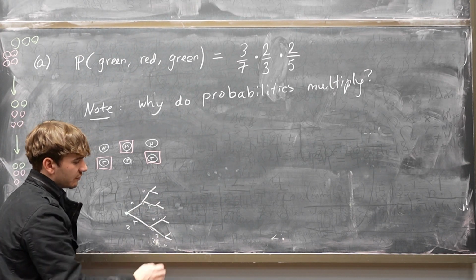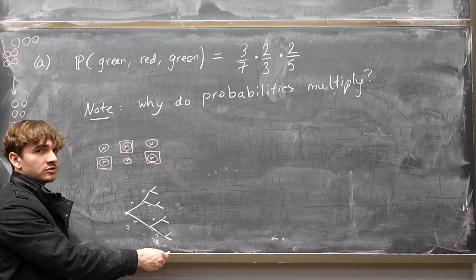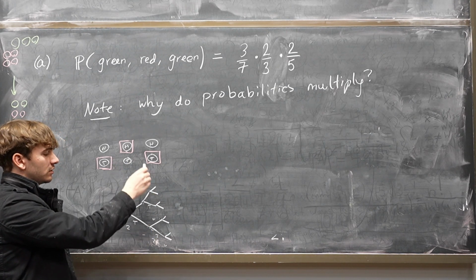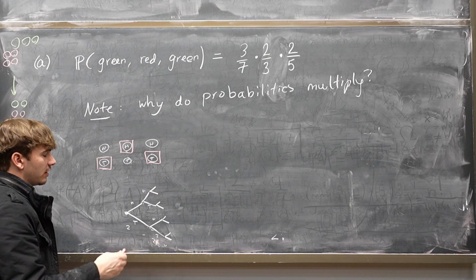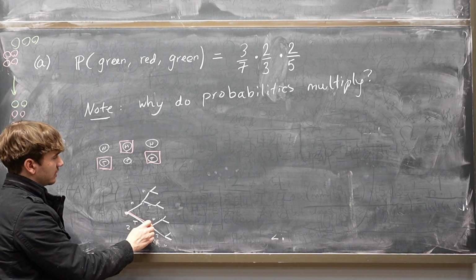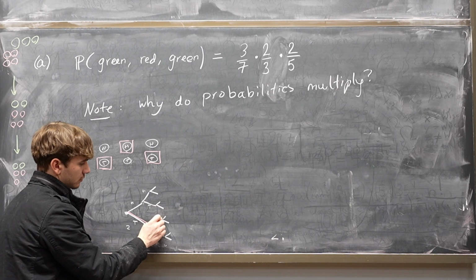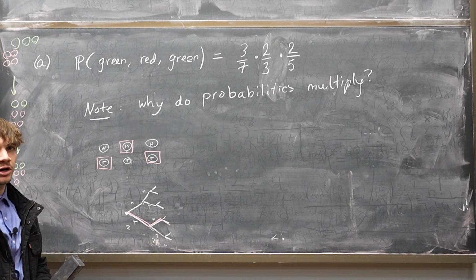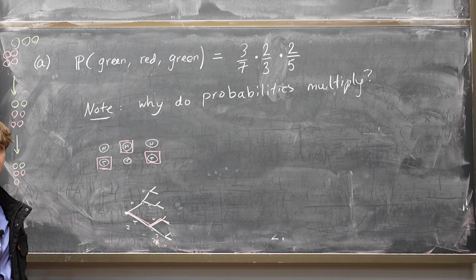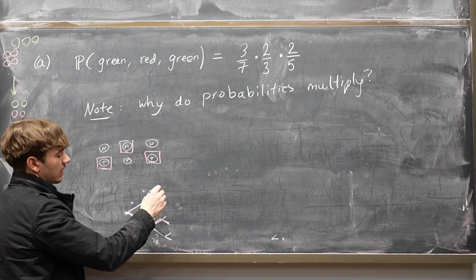And when it branches off again, I'm going to have 8 total possibilities. And this single event that I've highlighted in red is a single branch of this tree. And so it's one of 8 equally likely possibilities.